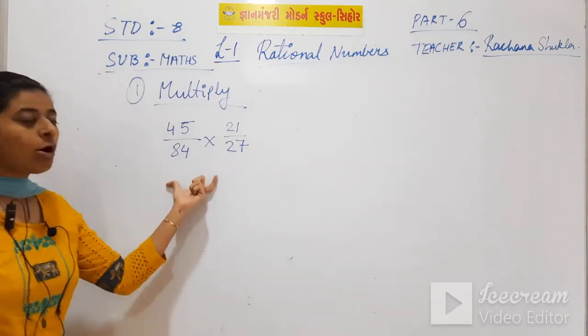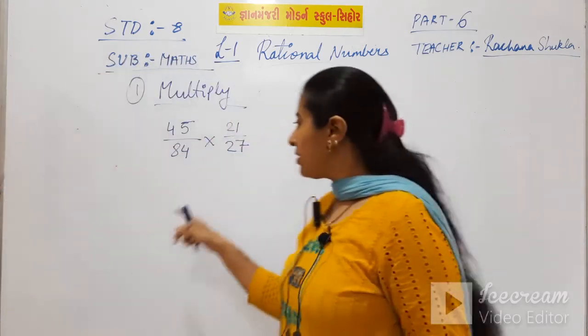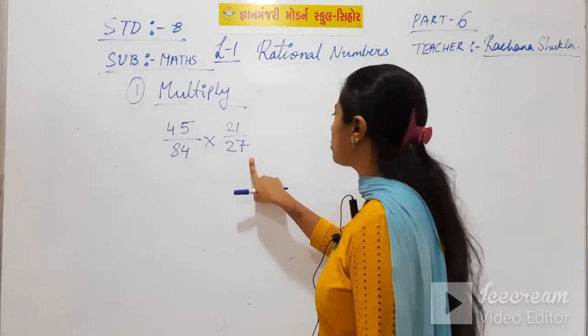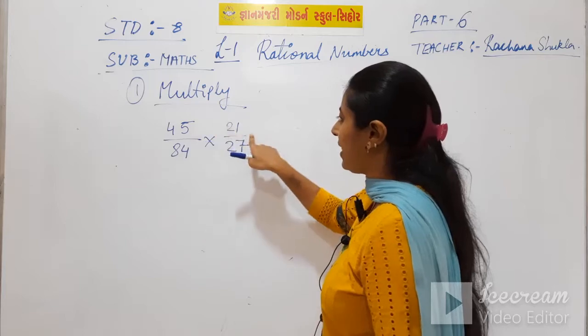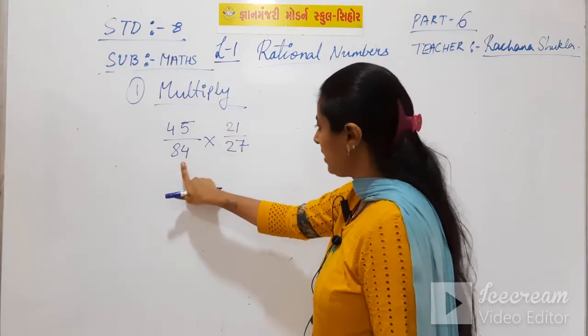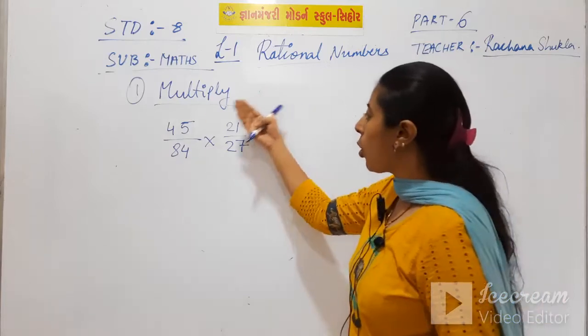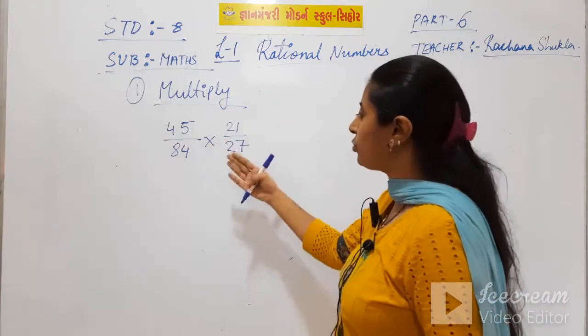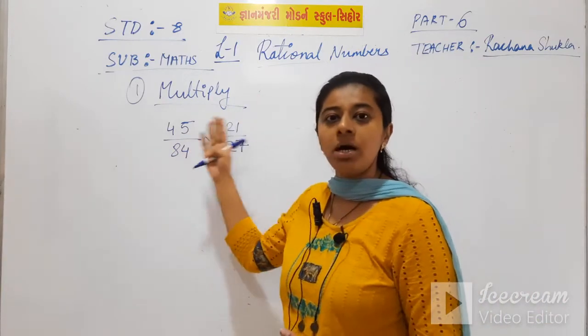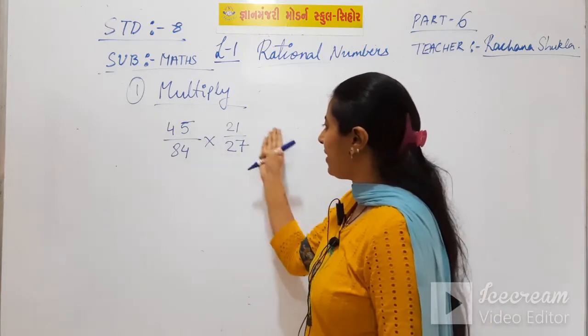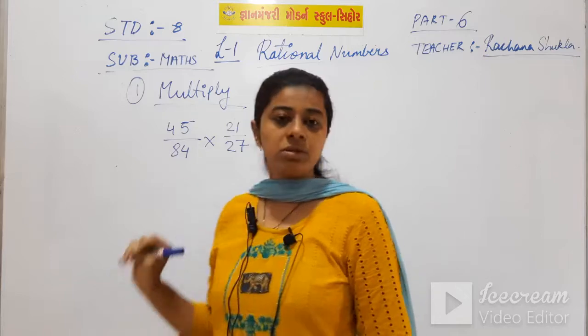See, this is somewhat bigger multiplication. 45 upon 84 into 21 upon 27. So, you don't have to multiply these two terms and these two terms directly. Either you have to lower these terms or you have to reduce or cut the terms. Cutting should be done, not to multiply directly these both things.